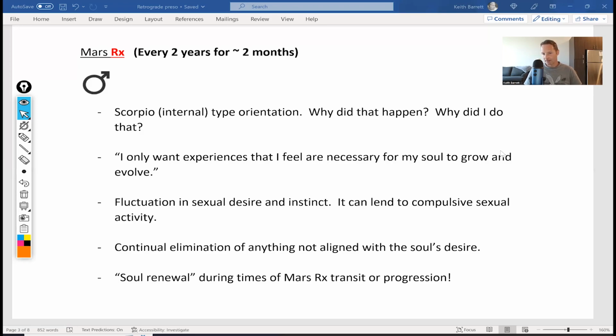The other thing I said in the beginning is I only want experiences that I feel are necessary for my soul to grow and evolve, right? And as you progress, there's always a progression through your life experience. A Mars retrograde soul will be more discerning in how it uses its energy, collecting all of this data through experience, the Scorpio side of it.